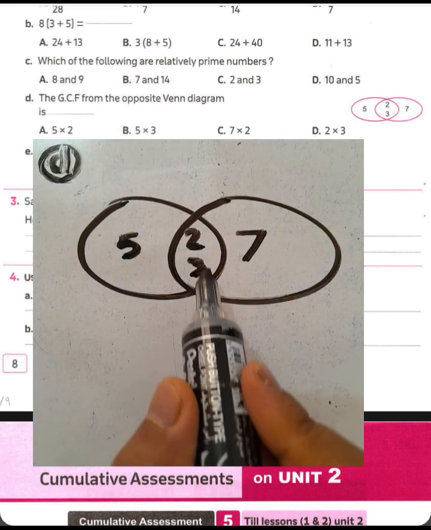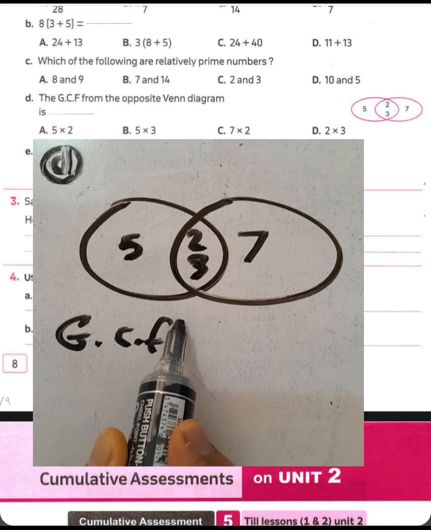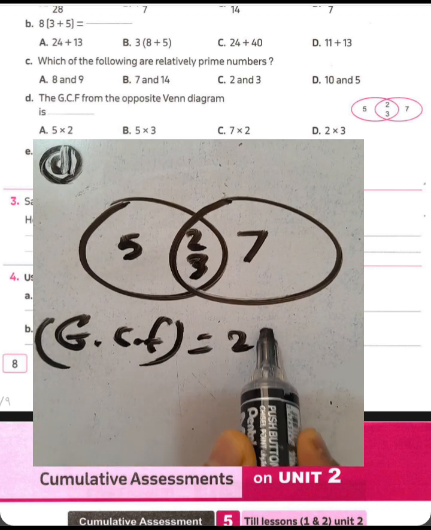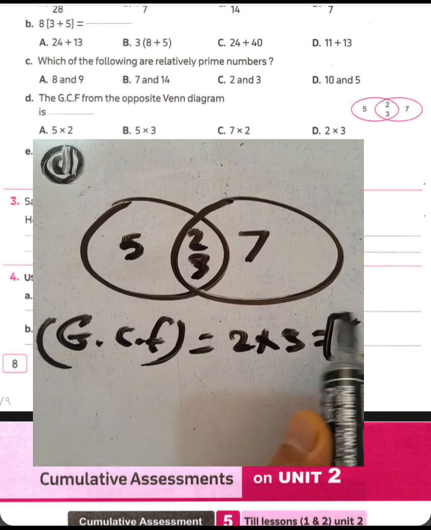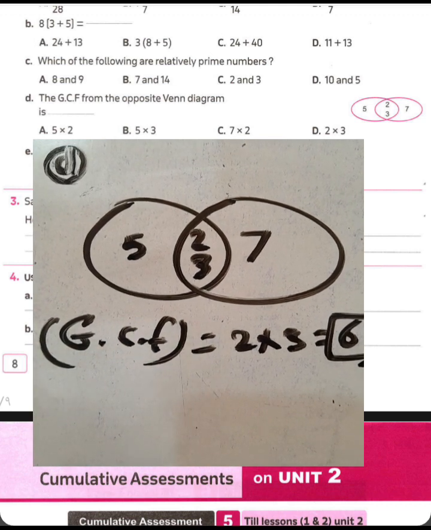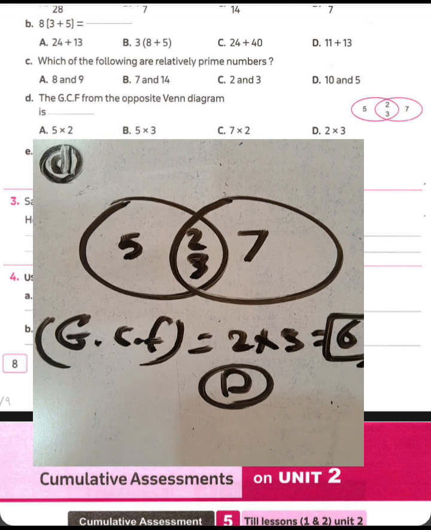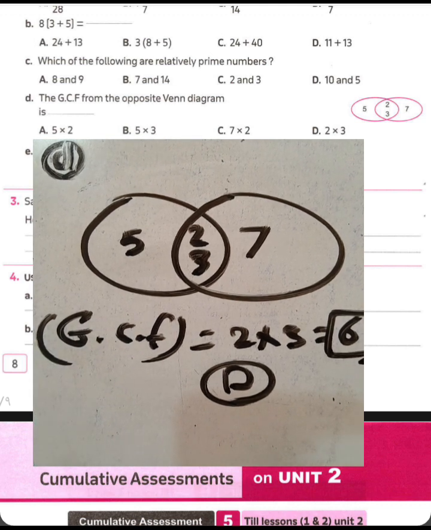The greatest common factor will be 2 times 3 equals 6. Then the greatest common factor from the Venn diagram is 6, 2 times 3. Choose letter D.